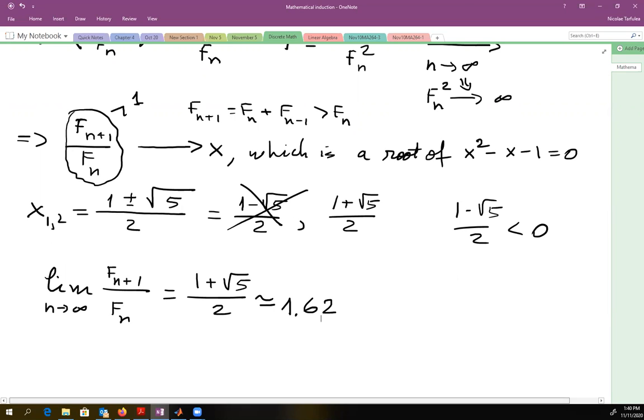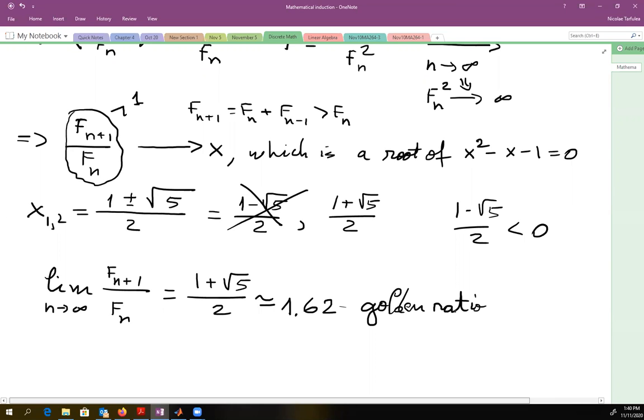Okay, well, this number is called the golden ratio. It was really important to artists, architects, and sculptors in the past. It is said that even the great pyramid of Egypt was designed in accordance with this number.